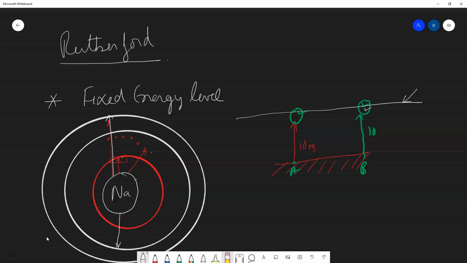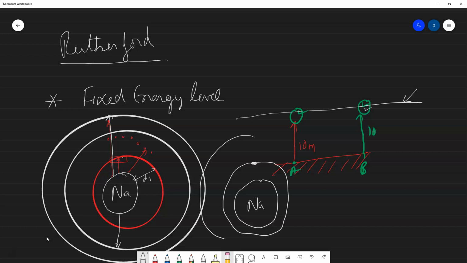Now take one more sodium atom. In this atom also, exactly at this distance, say d1, the first two electrons will be there. This is the energy band, and the next 8 electrons are exactly at the same distance as in the first sodium atom.